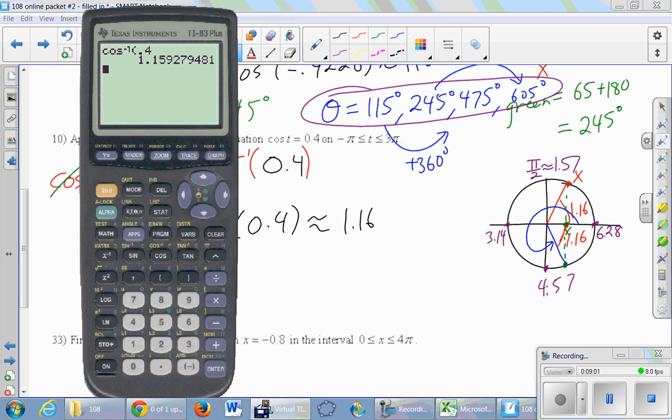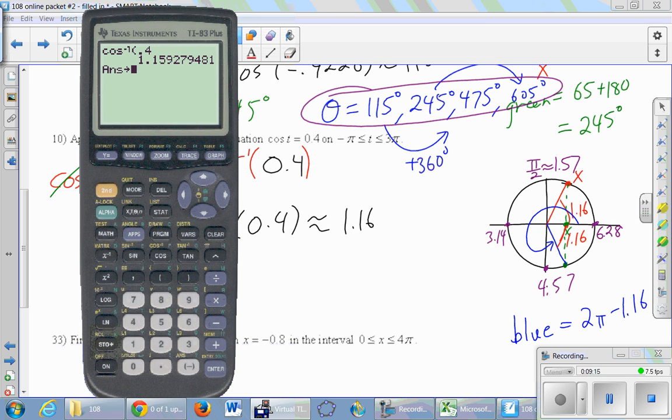So then the blue is equal to, what do we have? 2 pi minus the 1.16. Okay, just because I might use this angle again, let's call that one A. And then we'll do 2 pi minus that number. And we'll call this guy B, and this is our other fundamental angle.